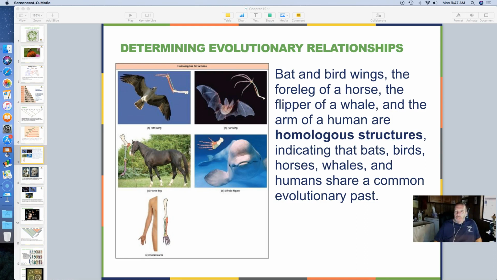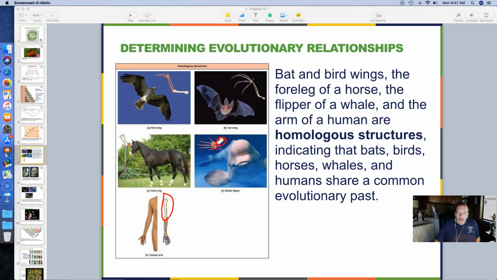The flipper of a whale versus the leg of a horse or the arm of a human all evolved to fit the habitat that each of these different living things live in. Again, remember these bones are color coded, so the humerus in the whale got very shortened compared to the humerus in something like us.